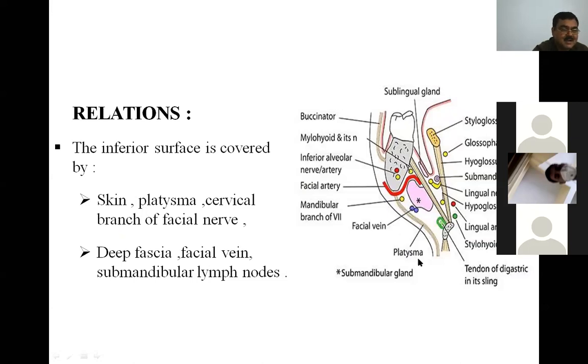Here you can see this is platysma. Skin, then platysma, and branches of the facial nerve. This is the mandibular branch of the facial nerve. Then deep fascia, facial vein, here is the facial vein, and submandibular lymph node. These structures are related inferiorly.